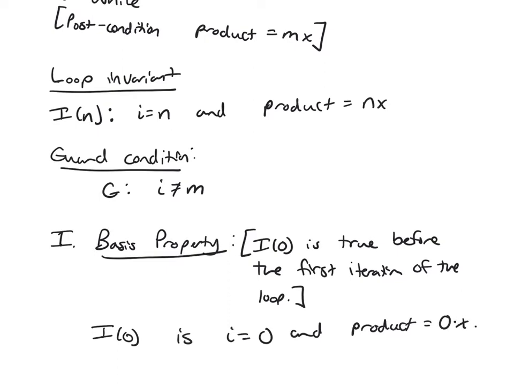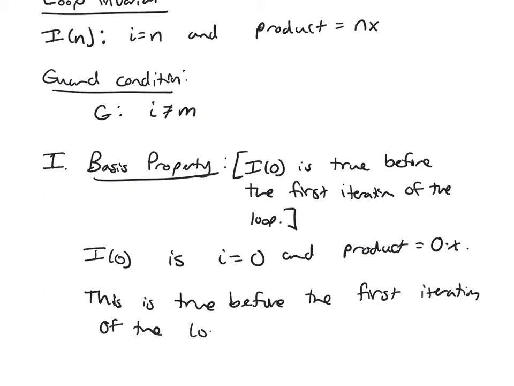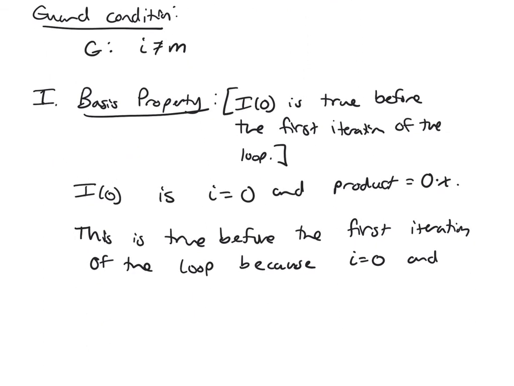And this is true before the first iteration of the loop, because we were told at the beginning in the precondition i equals 0, and the product was defined to be 0 as well. So we've just checked the basis property.